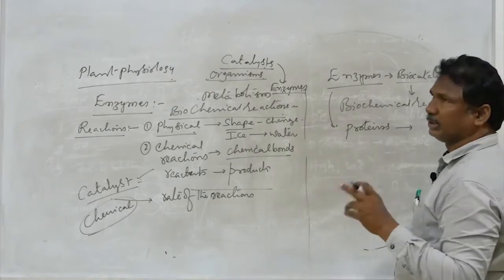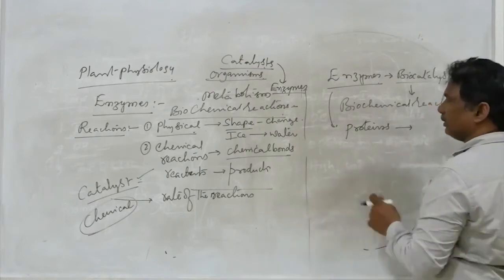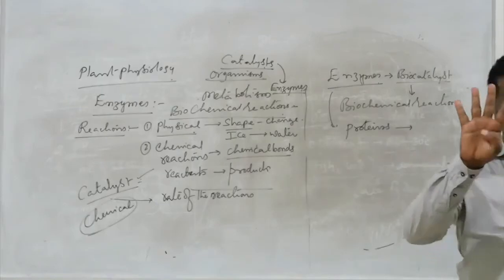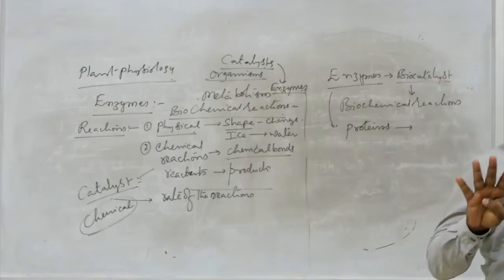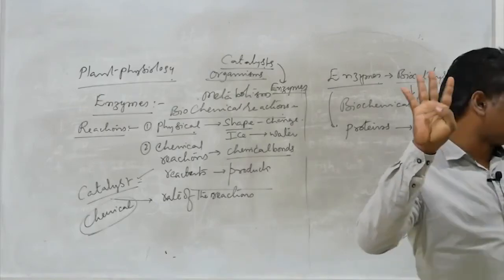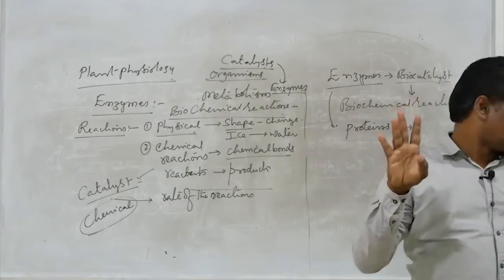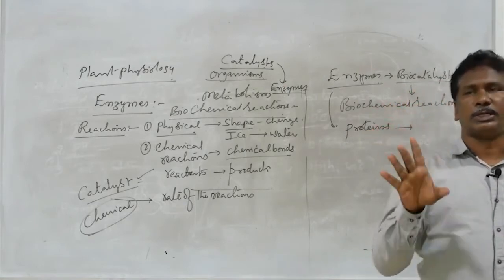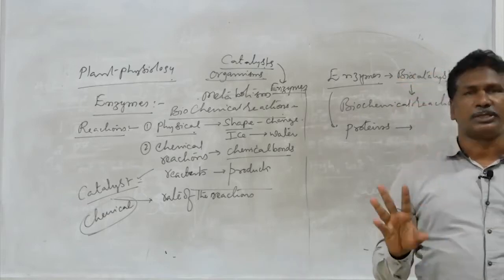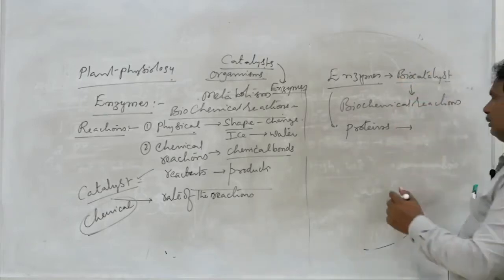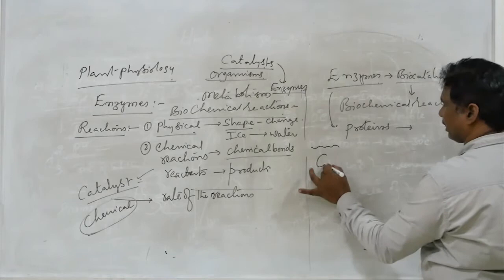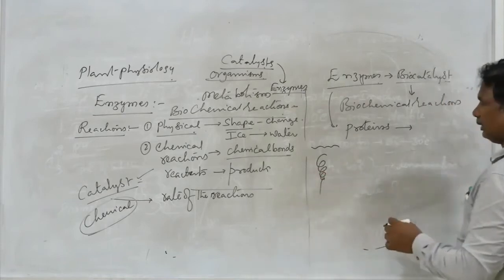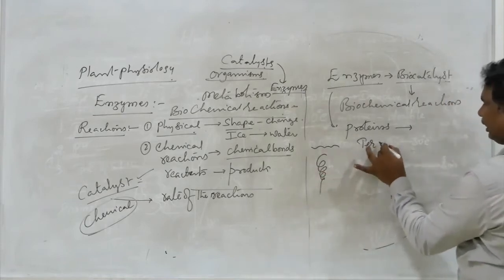You can see this in your first year biomolecules chapter, on the types of proteins based on their structure. There are 4 types: primary structure, secondary structure, tertiary structure, and quaternary structure. The primary is a linear structure and the secondary is helical, but the tertiary structure is most important.